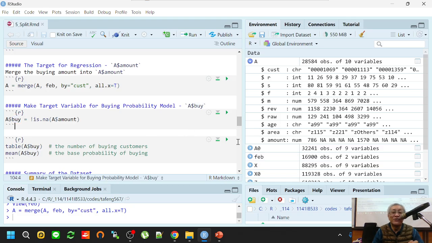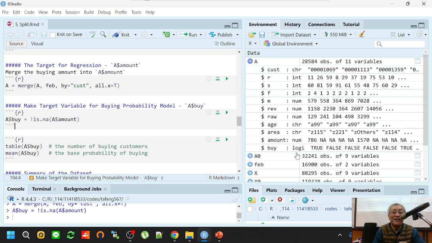As you can see, when I execute this, we have one more variable called buy. It is a logical variable, either true or false. When it is true, you will have a buying amount. When it is false, it means that this customer does not buy, so the buying amount is not a variable, right?